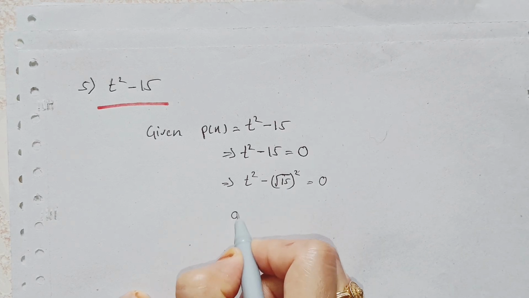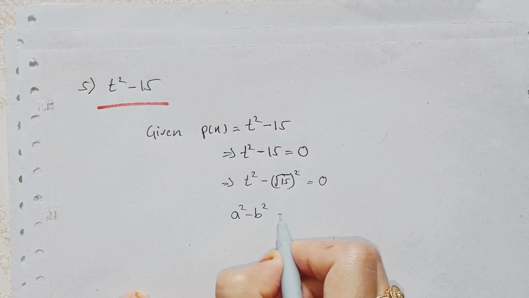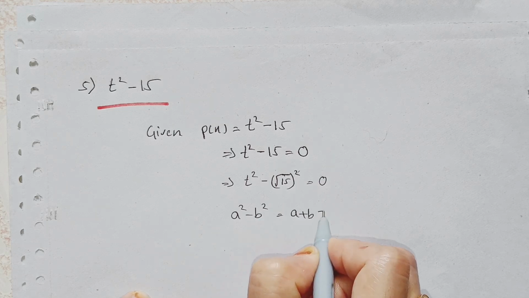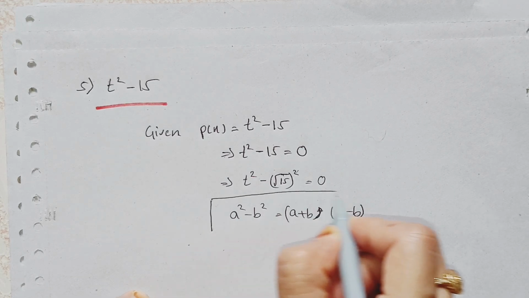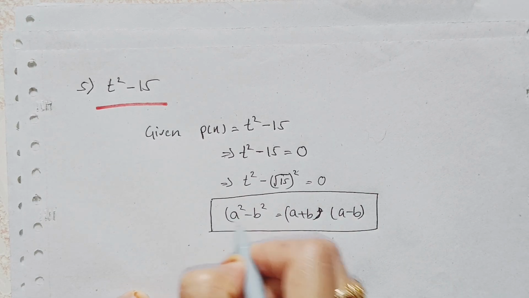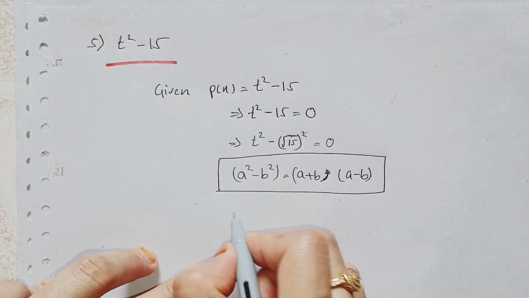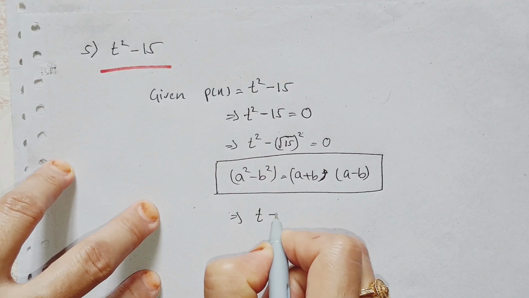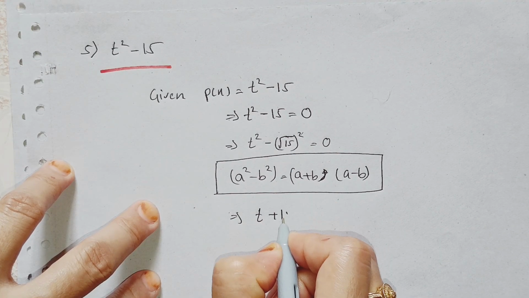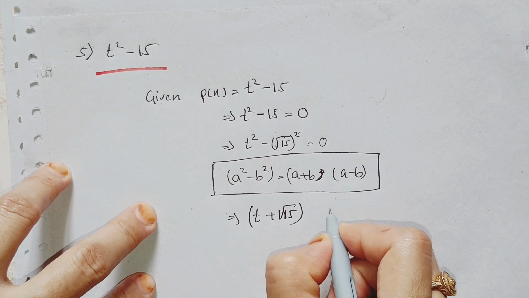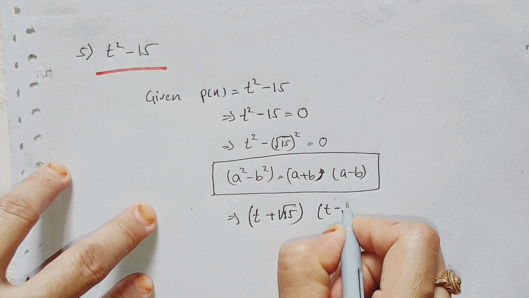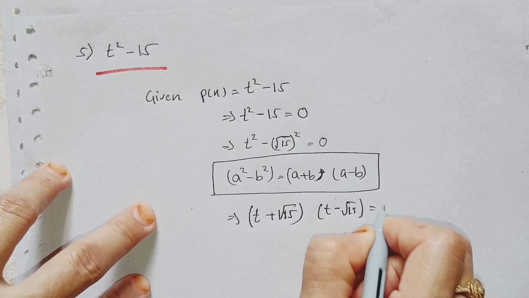So this is in the form of a square minus b square, which is a plus b into a minus b. We know this formula. According to this formula we are splitting this. So we get t plus root 15, then t minus root 15 equal to 0.